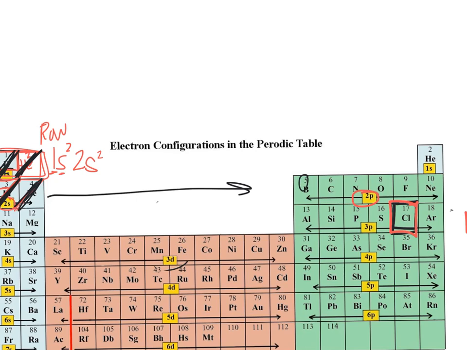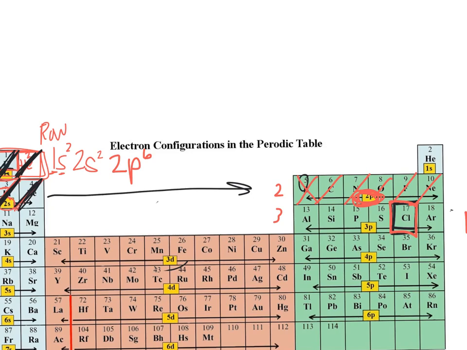This is still the second row, but now we're in the P section because this is 2p. So 2p, and how many boxes can I go through in the 2p? Hopefully you know: 1, 2, 3, 4, 5, 6. I can go through a total of 6 boxes in the row 2 P section.